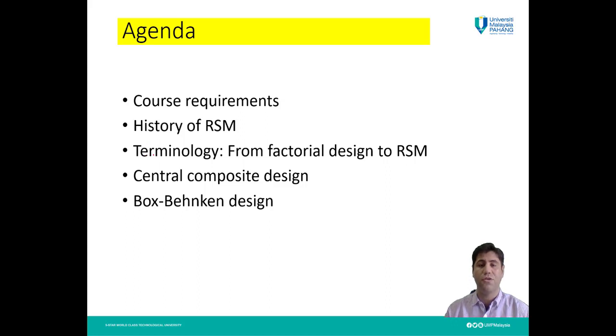I will also start from factorial design and reach the RSM method. I will tell you the differences and why we need the RSM method, why we do not use factorial design for all of the experiments.